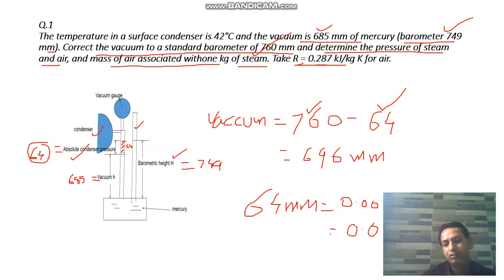So this is the pressure of the condenser in terms of bar, the total pressure in the condenser.